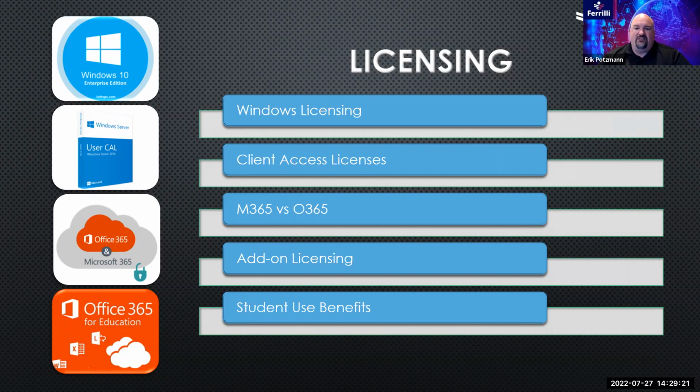So in your licenses, everybody who has an Office 365 A5 license is licensed for Windows 10 and 11 Enterprise. However, the student use benefit does not include this. What you do get is CALs, client access licenses, for Exchange, SharePoint, Skype for Business, Windows Server, that's the big one, SCCM, the Microsoft Endpoint Configuration Manager, and then System Center Endpoint Protection.